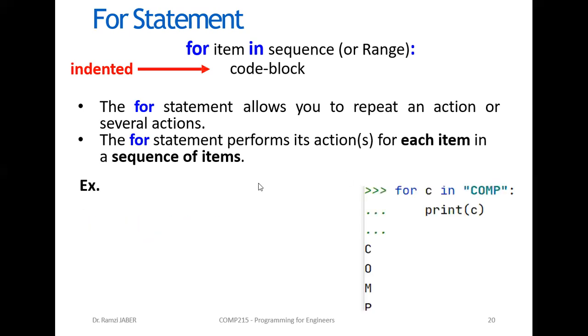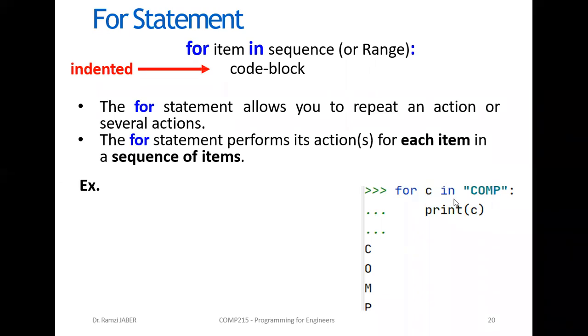Example here: for c in "comp". The word between quotation marks is a string, so it's a sequence. For c in "comp", enter, tab, print c. The output will be here.